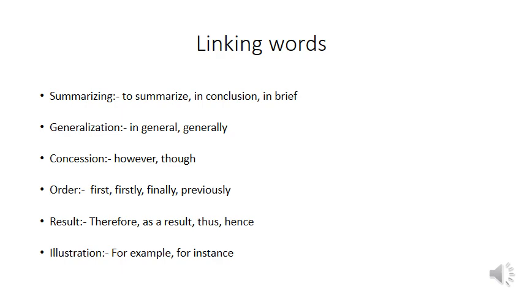If you want to show the results of something, or the result of your previous action, you can use the words such as therefore, as a result, thus, and hence.